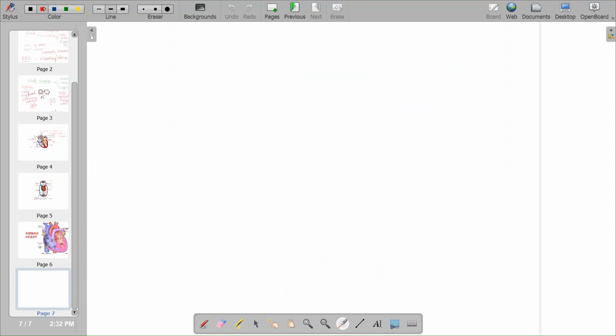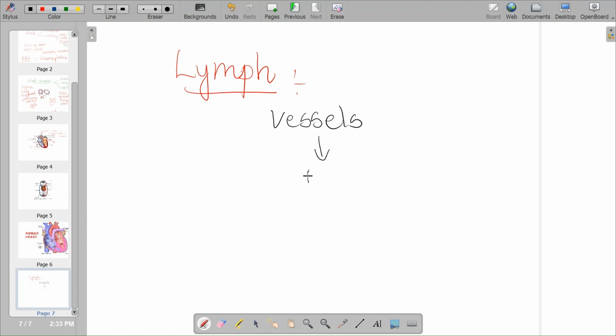So next we have a small topic related to lymph. What is this lymph? We know our blood vessels are carrying the blood to all the cells and the tissue.